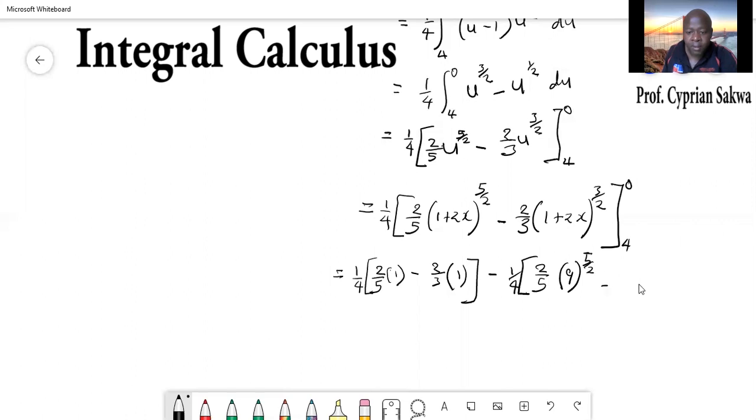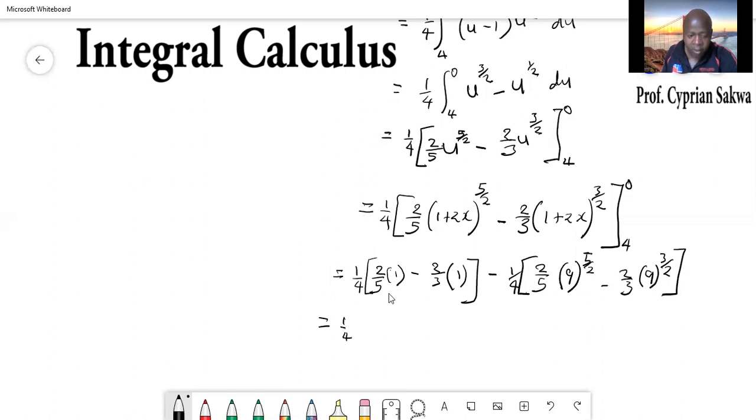Then minus 2 over 3. Again, this is 9 raised to 3 over 2. Close the bracket. So at this point you could even use your calculator here. You could use your calculator, or let's just do it.